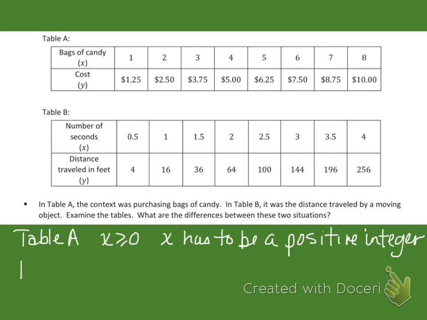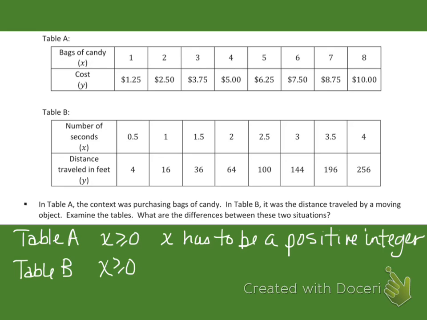But for table B, we don't have that situation. In table B, x also has to be greater than 0 because it's a unit of time. We're not going to have negative time, but x doesn't have the restriction that it has to be a positive integer. It doesn't have to be an integer or a whole number.